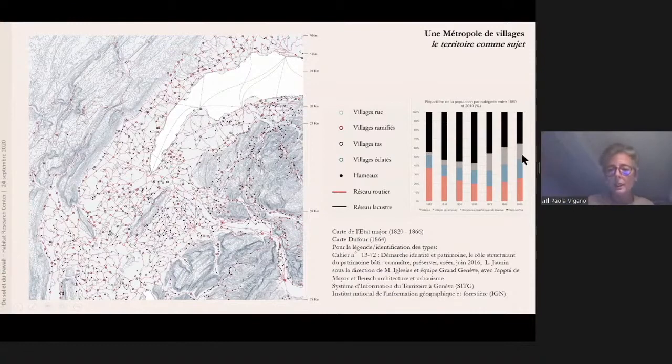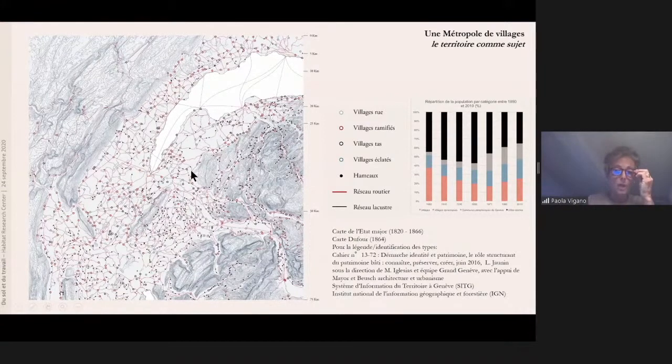And what we see in the last period is that, notwithstanding all the planning system that is trying to compact the city and make urban continuities, in fact the territory is growing in these scattered villages, which are on the slopes of the mountains along the lake. This is fundamental.